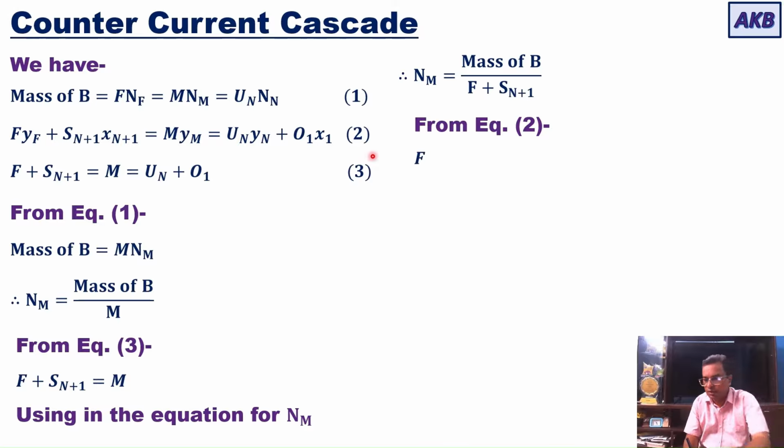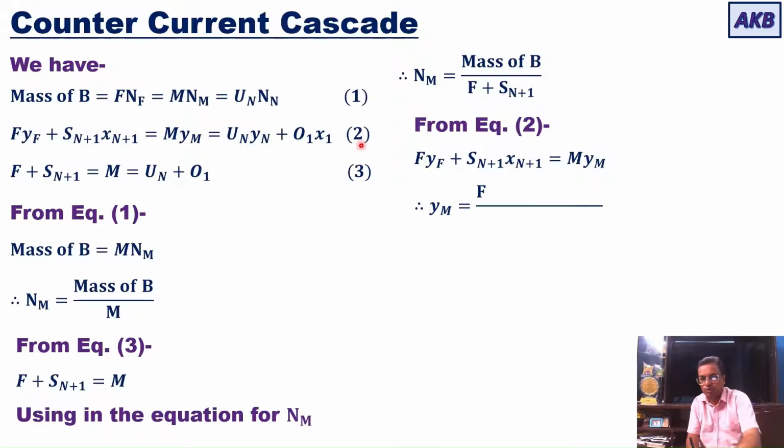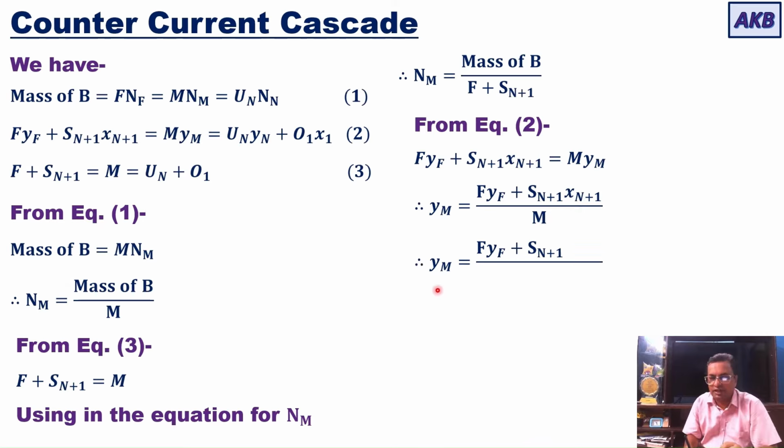Now from equation number 2, I can write this equation: F into YF plus Sn plus 1 into Xn plus 1, that is equal to M into Ym. So Ym is equal to F into Yf plus Sn plus 1 into Xn plus 1 divided by M. And in the next step, I can use this equation for replacing M. That will give me Ym is equal to F Yf plus Sn plus 1 into Xn plus 1 divided by F plus Sn plus 1.